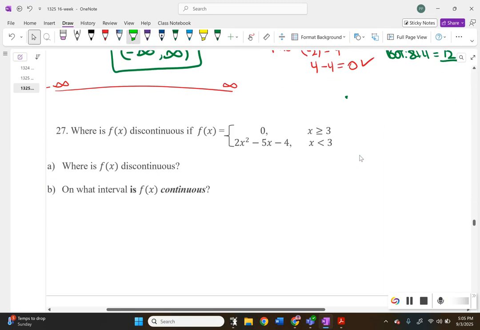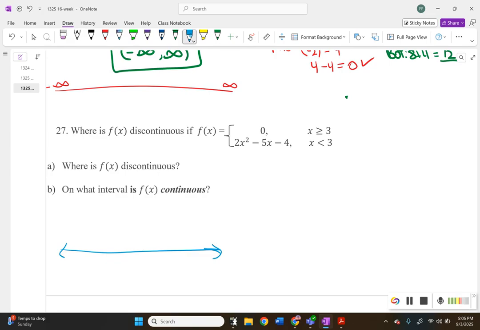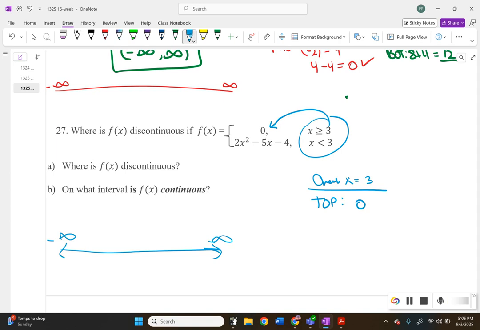So number 27, same idea. We're going to assume that it's going to be continuous everywhere, from -infinity to +infinity. The only point in question is at 3. So I'm going to check x equals 3. So plugging it into the top equation, there's nowhere to plug it into, so it's just automatically going to be that number, 0.